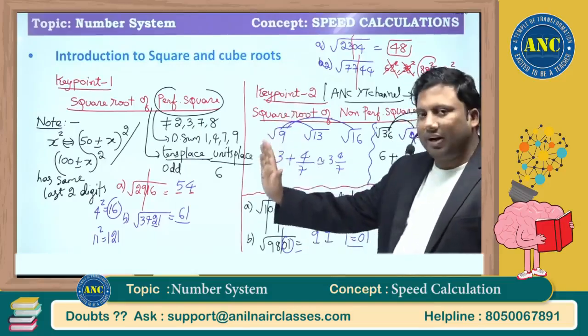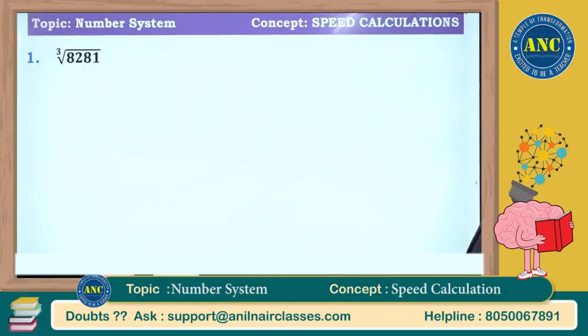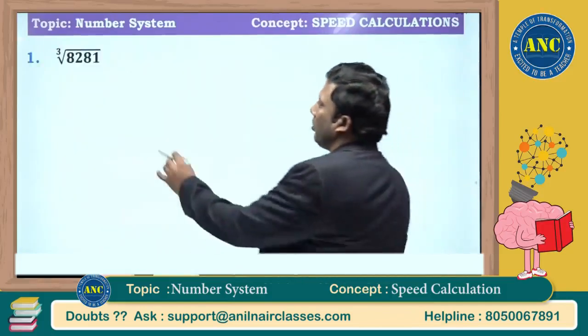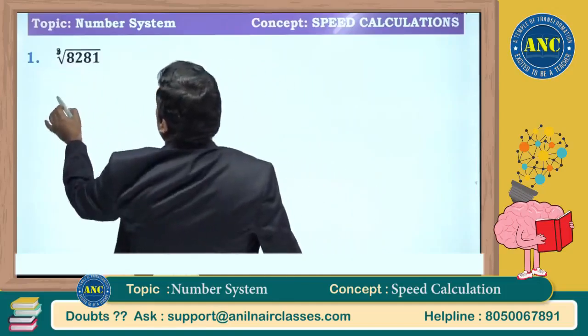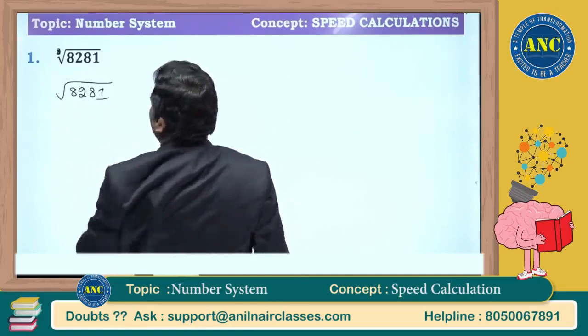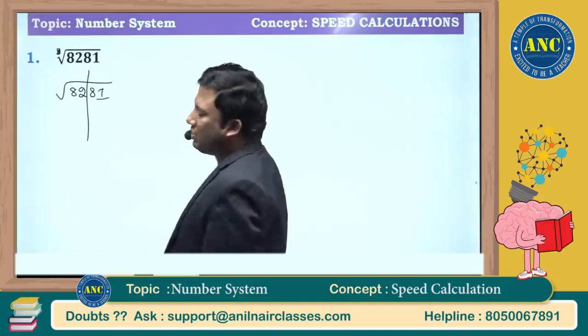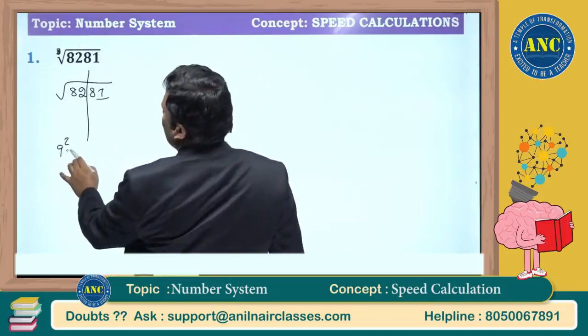How to find out the square root of a perfect square. Next one. This is the square root, sir. Root of 82 81. Keep a slash after 2 digits. 81, 9 square is 81.